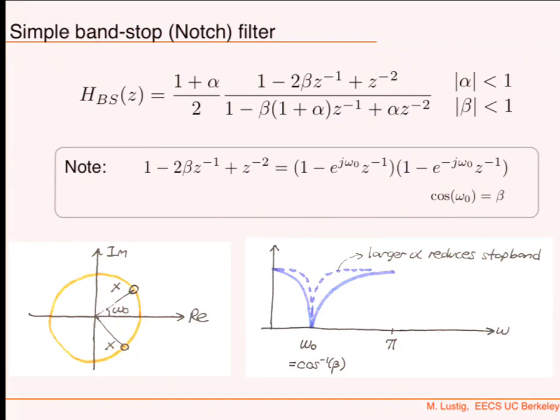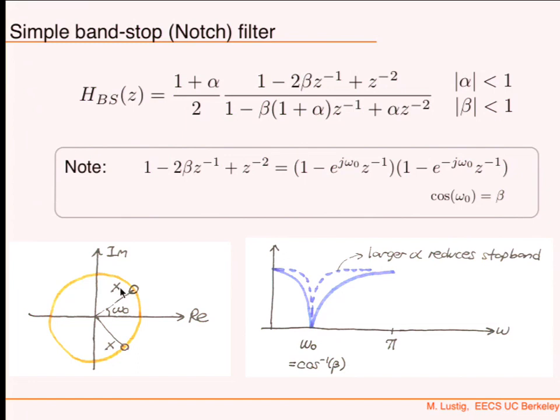Okay. Then if you want to look at a system which is a simple band stop or a notch filter, it has this particular form. If you look at the zero and pole diagram, you've got zeros that notch a particular frequency. You want to put the zeros exactly on the unit circle.